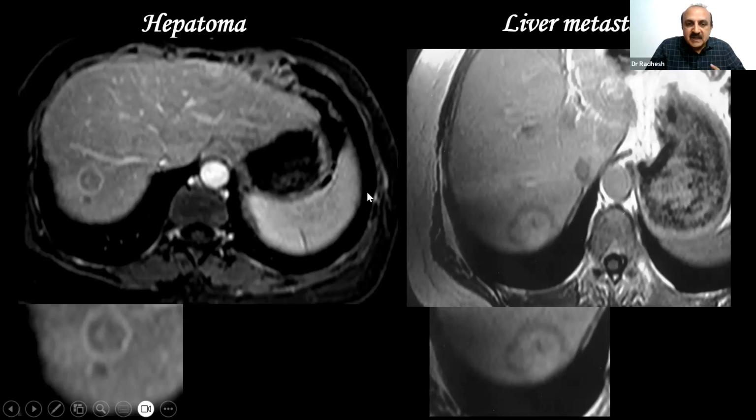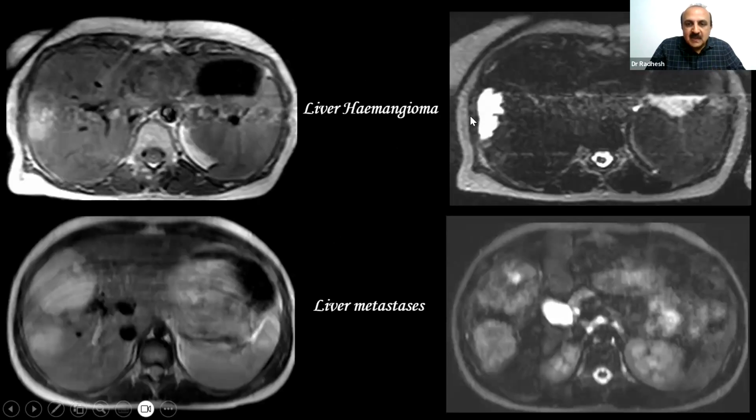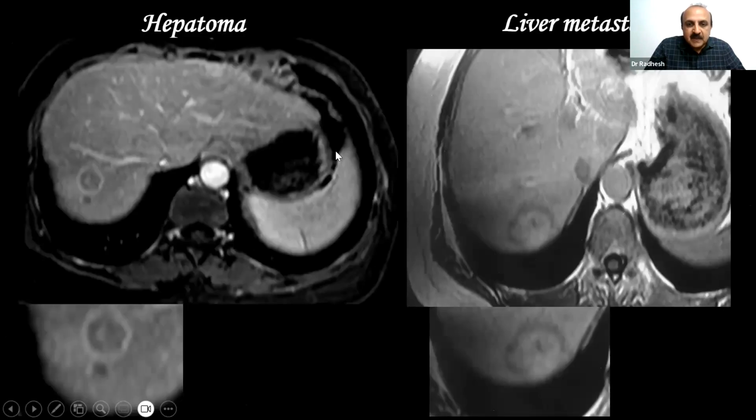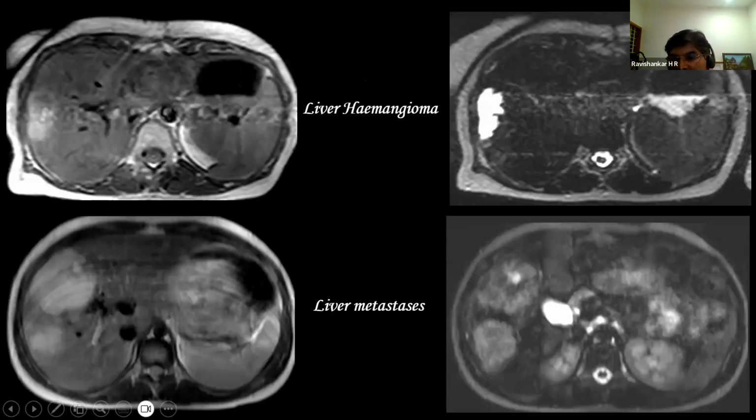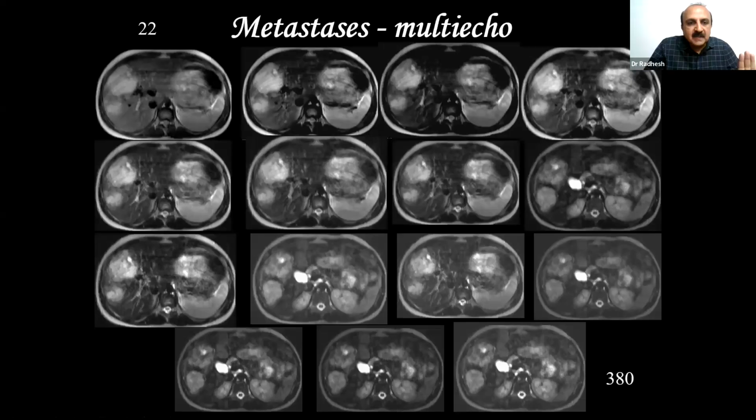So to differentiate hemangioma from metastasis, you do a multi-echo. To differentiate hepatoma from metastasis, again, you can do a washout phase. You slightly delay the phase. The capsule enhances in hepatoma. There is a washout in metastasis. Is it clear? All this you can easily pick up when you put up the MR.